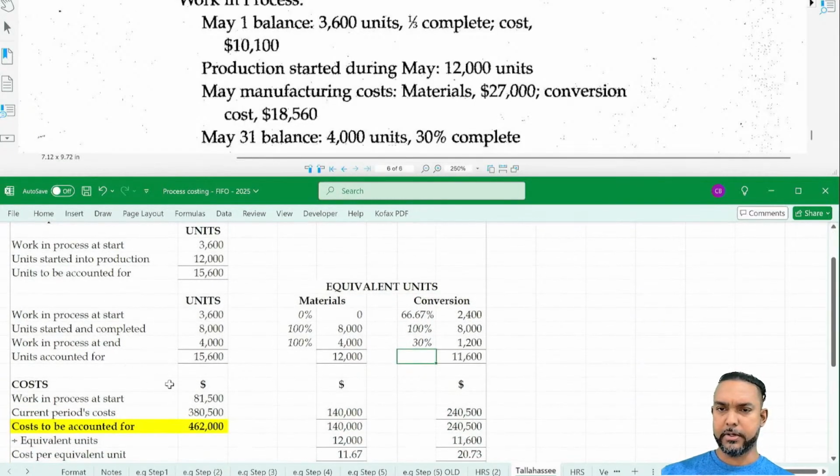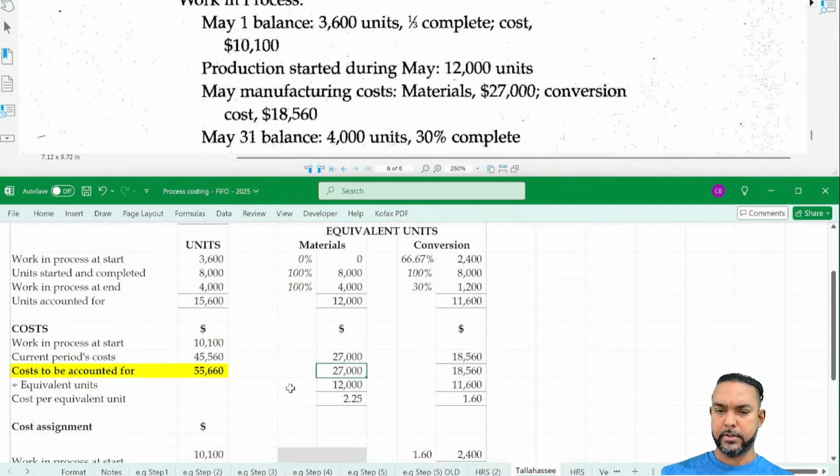Now the costs. Where are the costs? Right, so 10,000. Current period's cost, so we had to change that to 27,000 and then 18,560. Okay, cool. So we have about 2.25, which is 27 divided by 12.